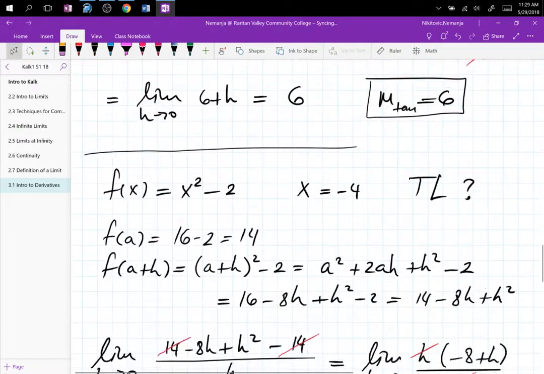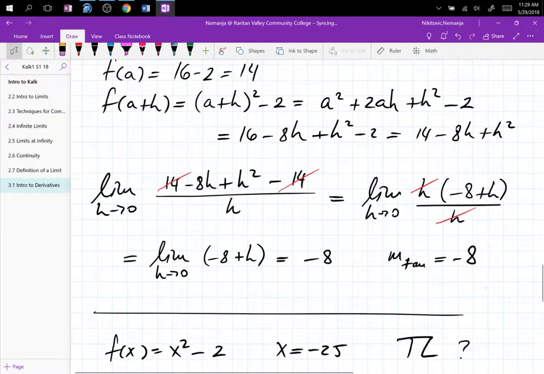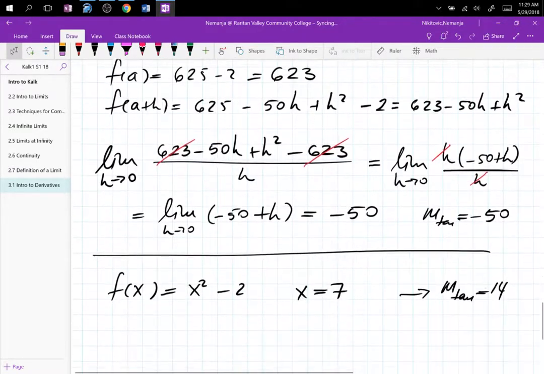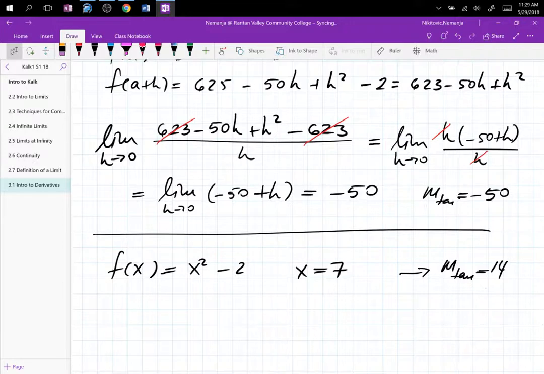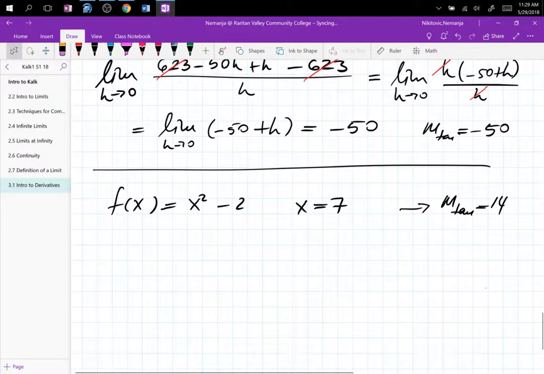Because 3 went into 6, negative 4 went into negative 8, negative 25 became negative 50. Well, it seems that each one of these was just doubled, so 14, yeah. It was nice because the function was x squared. Generally, it's not that nice.